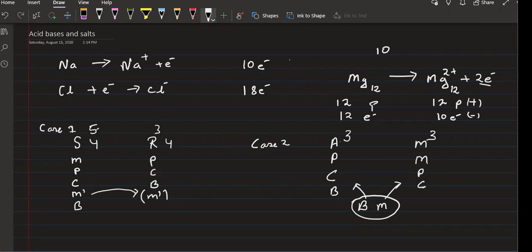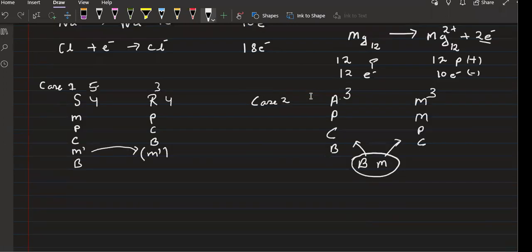Now this is what happens between atoms. So atoms can either lose electrons or gain electrons or share electrons. Got it, everyone?